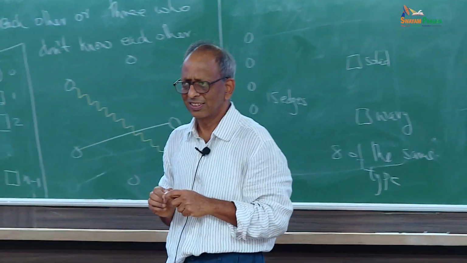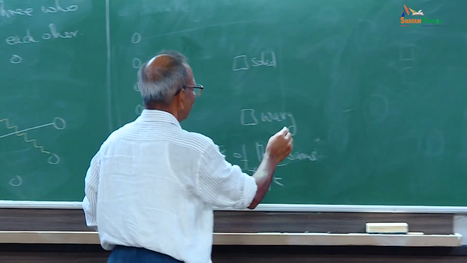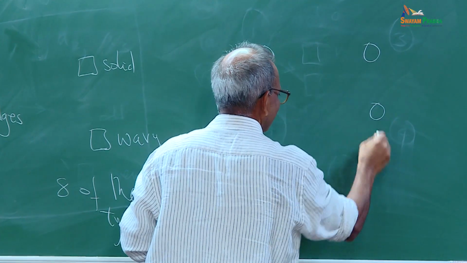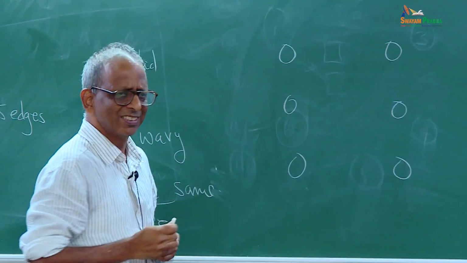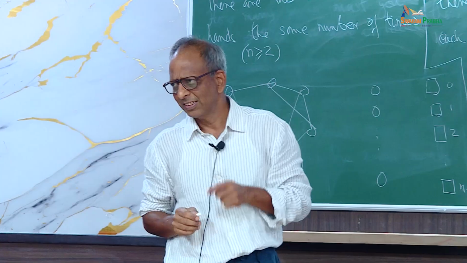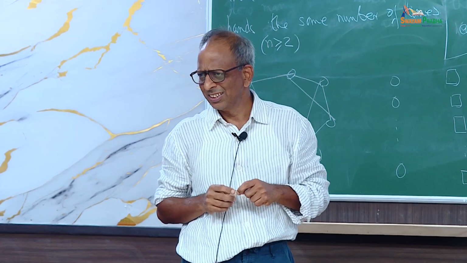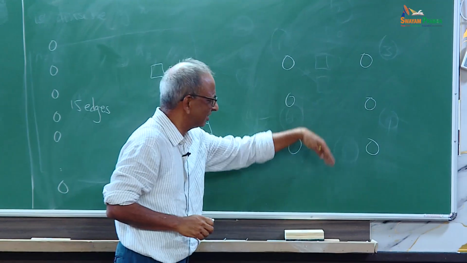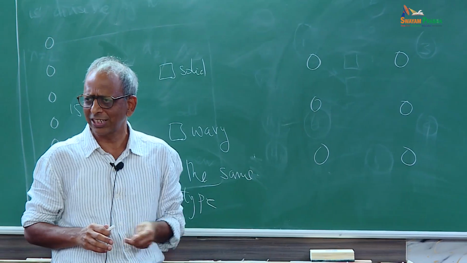I want to put 9 edges without any triangles. Can you see how to put 9 edges here so that there are no triangles?